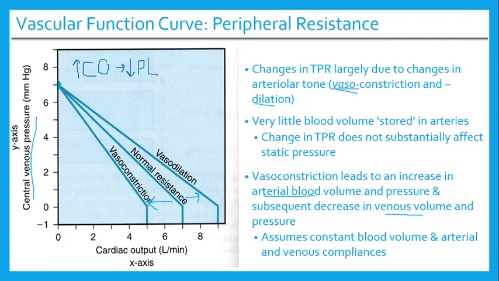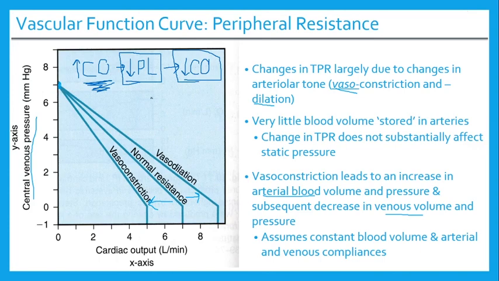But we know that reducing preload is ultimately going to lower cardiac output. So if we want to keep cardiac output consistently high, we need to do something in order to restore preload. Otherwise, cardiac output is going to drop in the beats and the minutes following, right?